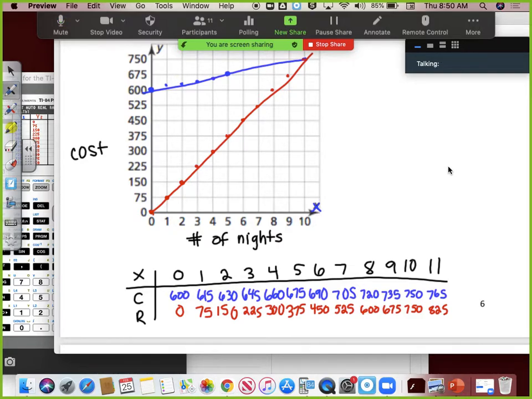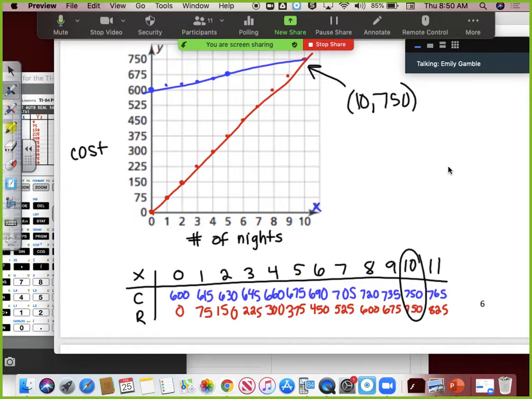10 and 750. Yes, I can see it on the graph right here that the 2 lines cross at the point 10, 750, and I can also see it on the table. You can see here when X is equal to 10, both the cost and the revenue is equal to the same number. They're both equal to 750.